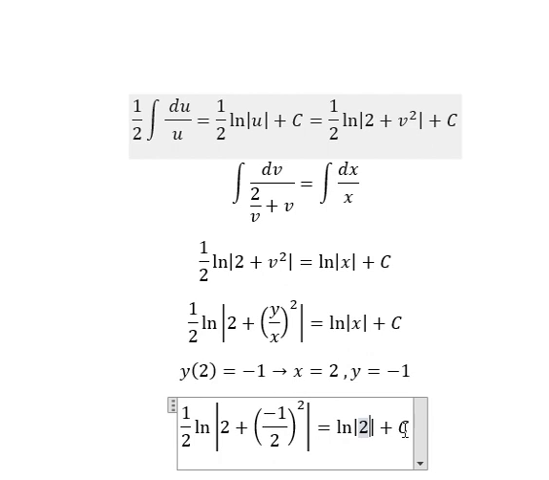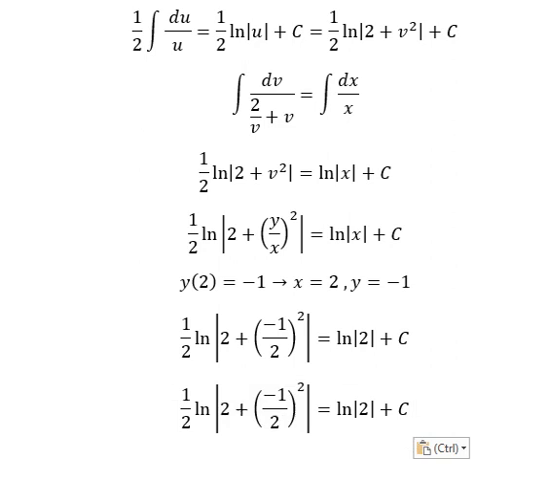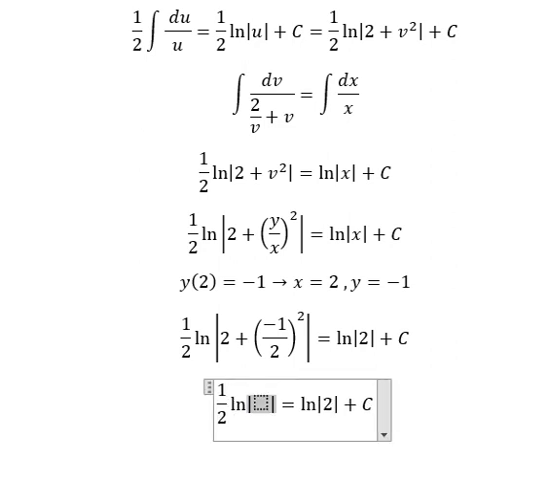Number 2 here. So this one we calculate. And we have 9 over 4. This one we have Ln number 2.